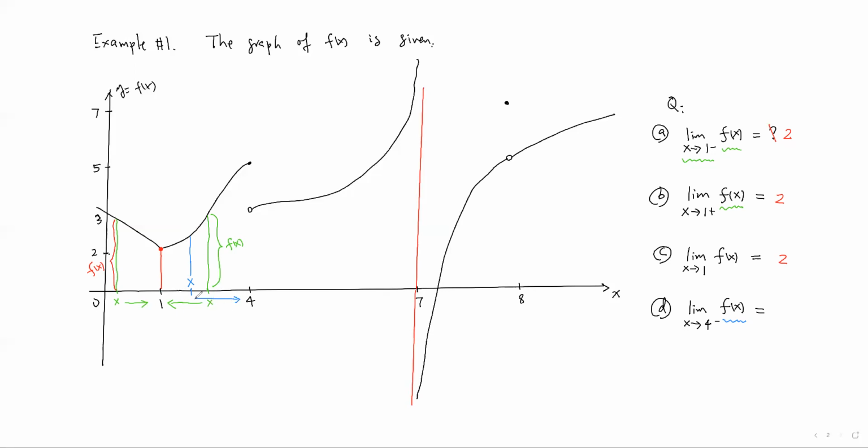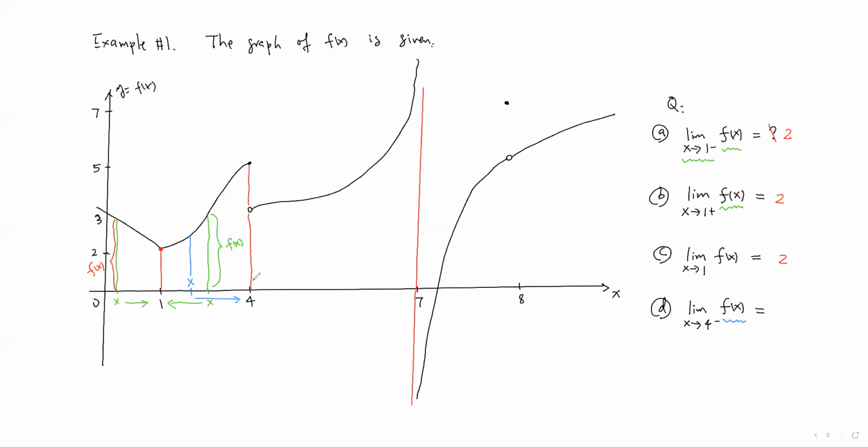Now, as x approaches 4, the blue vertical line is getting closer and closer to this red line. The length of this blue line is closer and closer to the length of this red line.